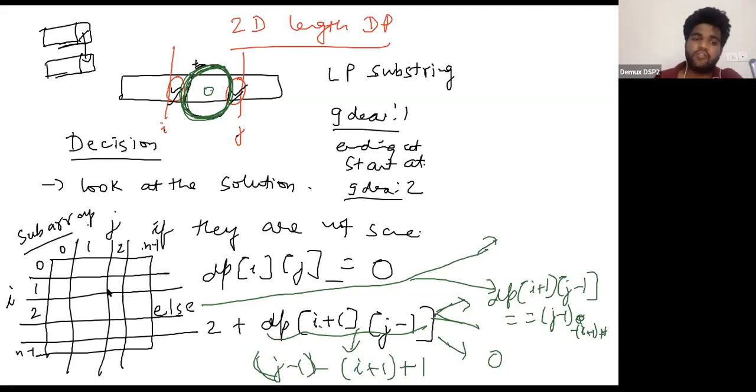Now let's see how we should go about filling it. Let's say we are at a given index which we want to fill. So we are at this i and this j. Now what are we using here? We are using i plus 1, j minus 1, right? So we are using this value, not this value, this value.